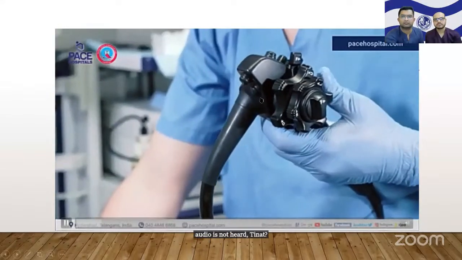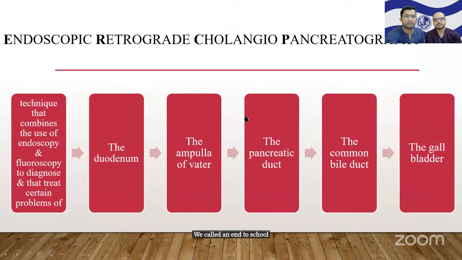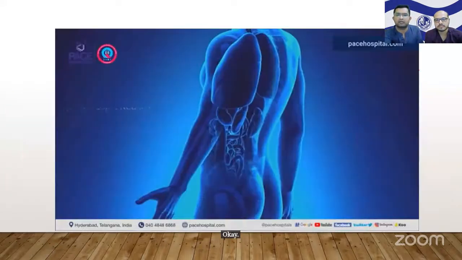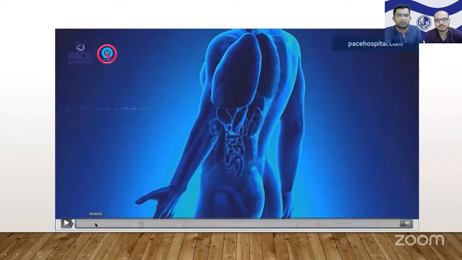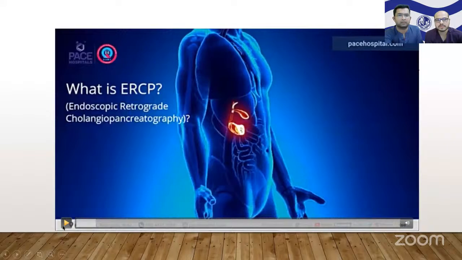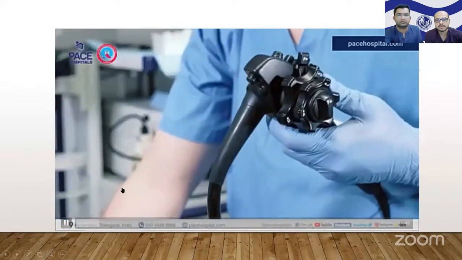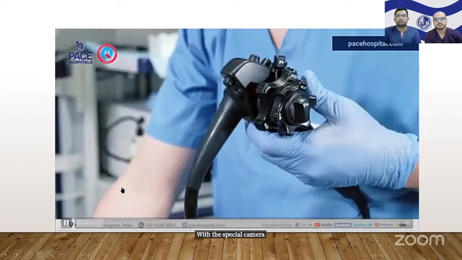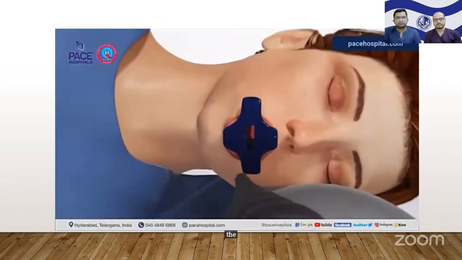Camera we called an endoscope. The endoscope. Okay. Done with a special camera we called an endoscope. The endoscope carefully guided down the esophagus.